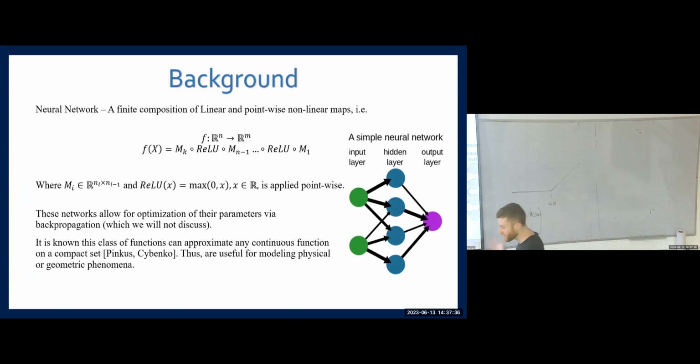So this very simple construction actually yields a very robust approximator. We're going to use this to study the process. And not only us, a lot of people do. It works very well in practice.